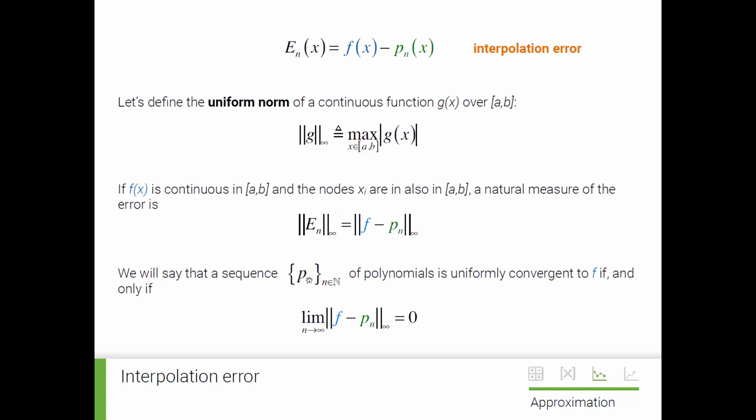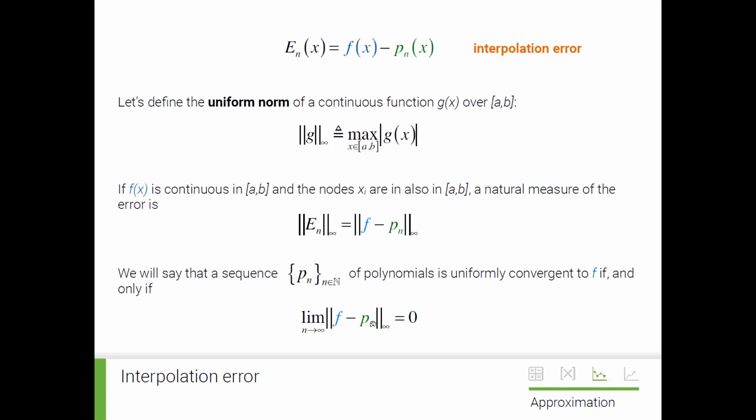So we will say that the sequence of polynomials p_n is uniformly convergent to f if and only if the limit equals 0. It is known to you from the course of mathematical analysis.